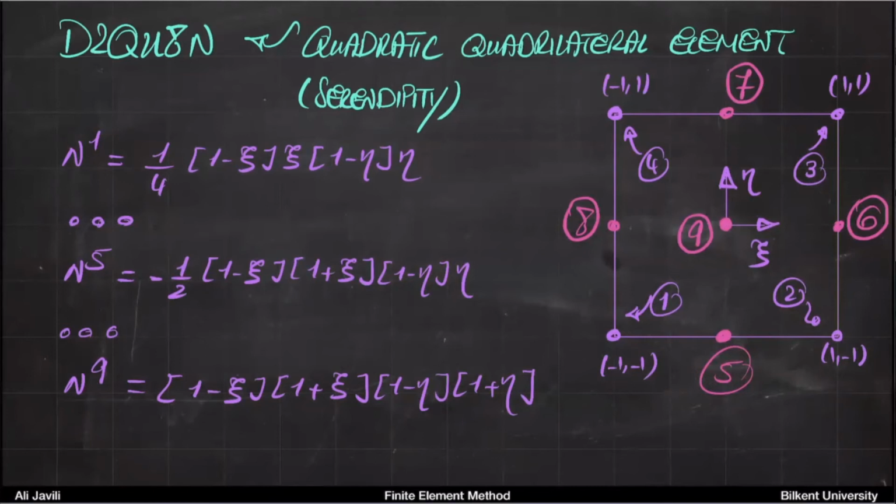The property of this one is that node 9 basically doesn't exist, if you want. Okay, so it's 8-noded. Those 8 nodes are exactly similar to what we had for the 9-noded element, except that now you have no node at the center.